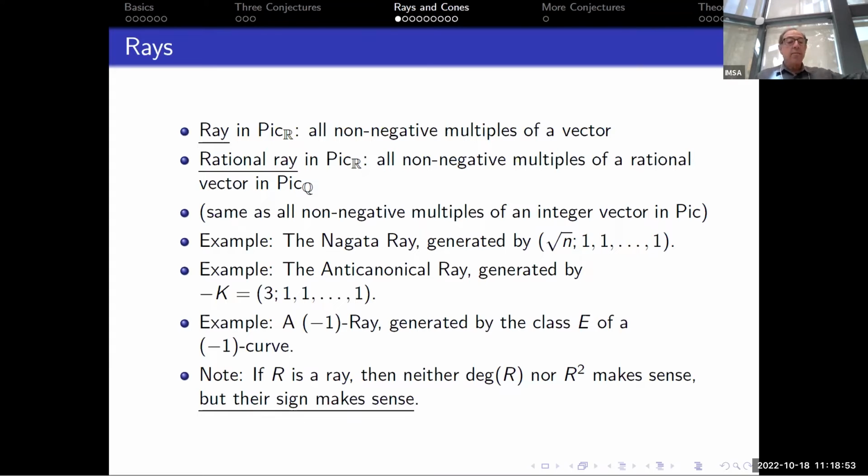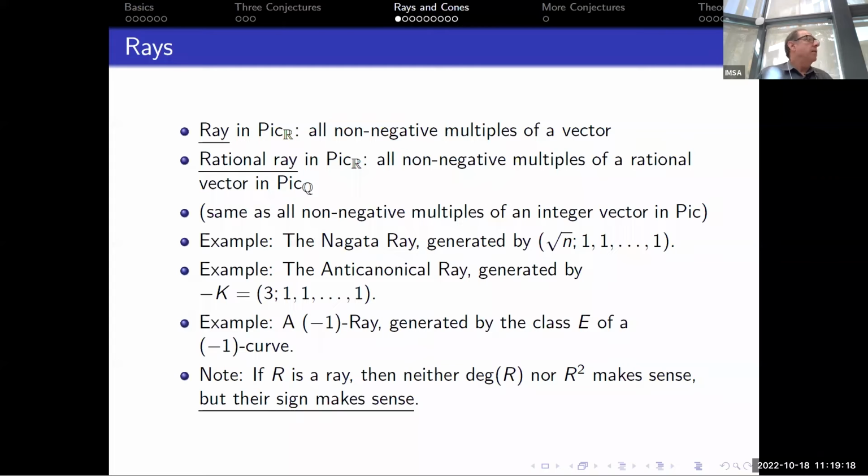You have the anti-canonical ray, which is generated by cubic polynomials passing through the points. And you have minus 1 rays, generated by a minus 1 curve. Now, if all you know is the ray, then you don't know what the degree or the multiplicities are, because you can take any multiple.